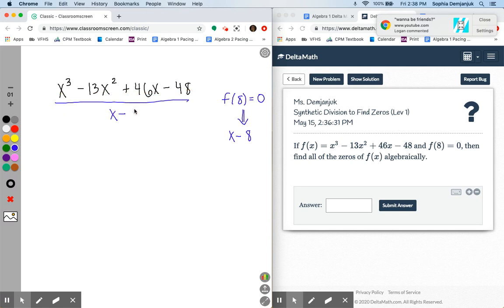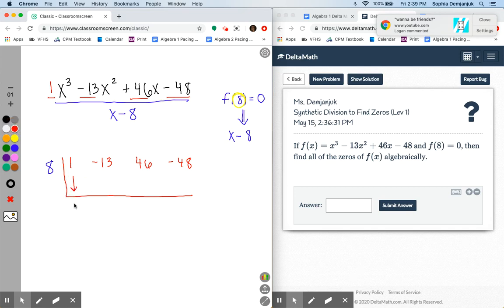So I can divide it by x minus 8. My coefficients, 1, negative 13, 46, negative 48. On the left, if I have x minus 8, I would set it equal to 0 and add 8 to both sides to get positive 8, which is what we started with in our notation of f of 8.